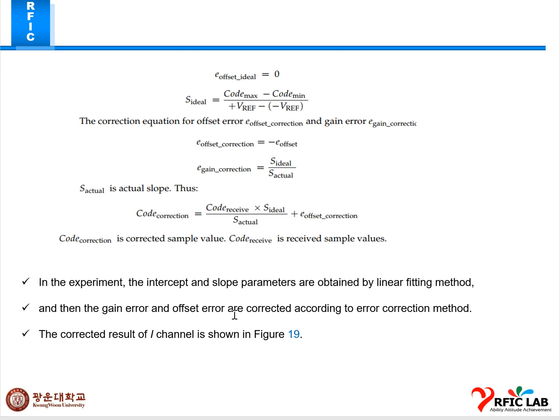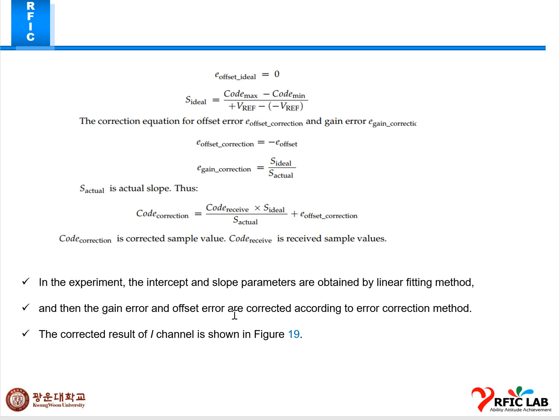For the correction equations of offset error and gain error: offset correction equals the negative of the offset error, and gain correction equals S idle over S actual, where S actual is the actual slope.